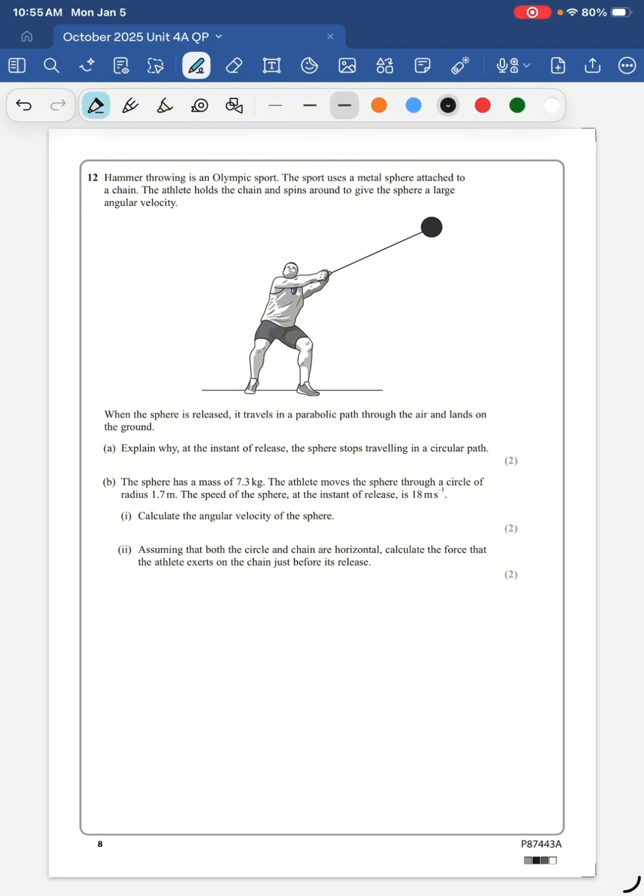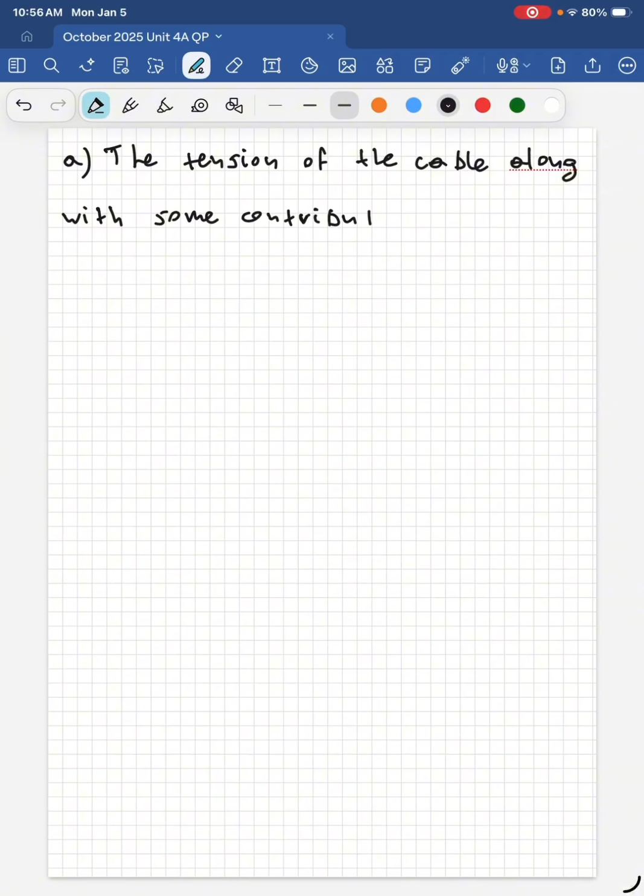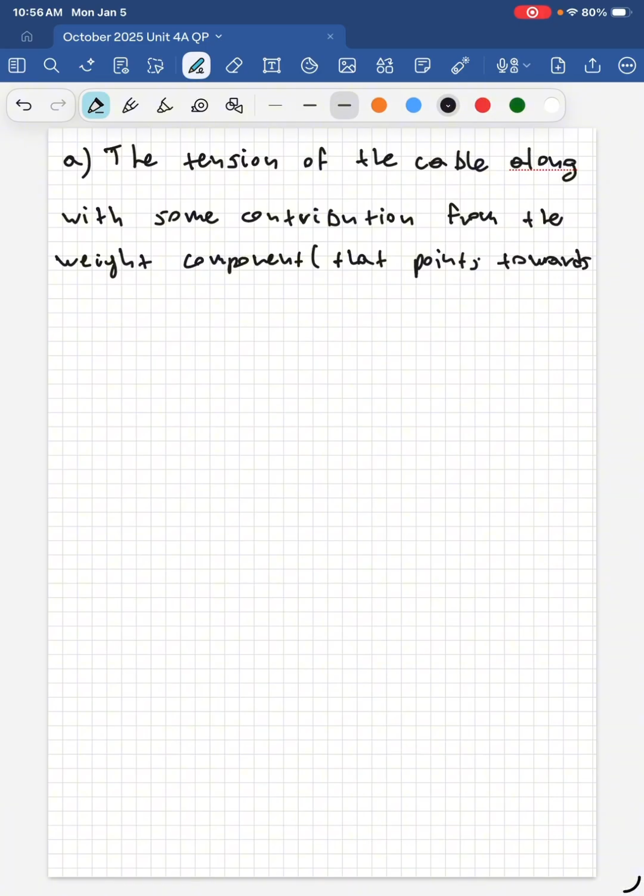Let's try to respond to question A. You can say that the tension of the cable, along with some contribution from the weight component that points towards the center of the circle.